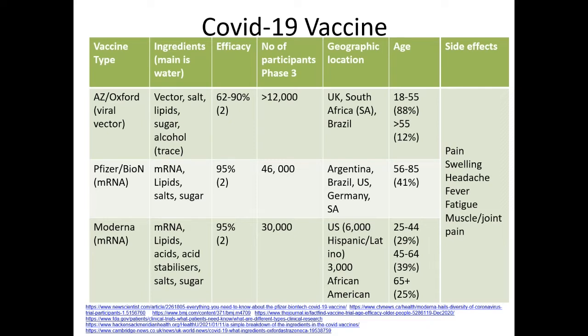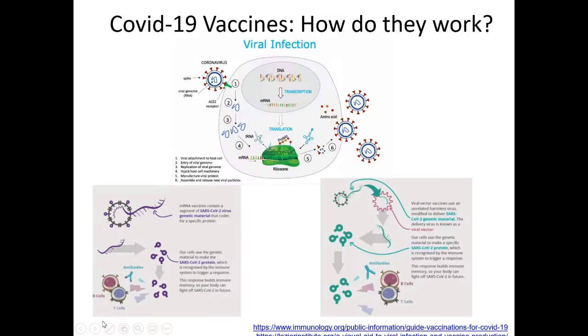In the next slide, what I really want to highlight is how a virus infects a cell. COVID is a perfect example, because viruses can't replicate outside the host. Viruses only have two types: they're either what we call a DNA virus or an RNA virus.